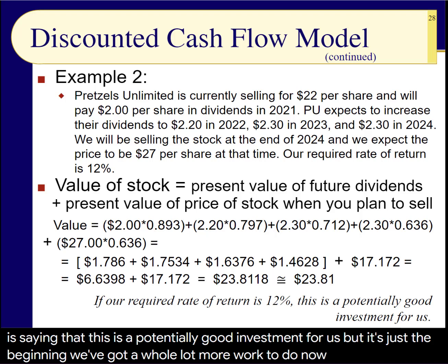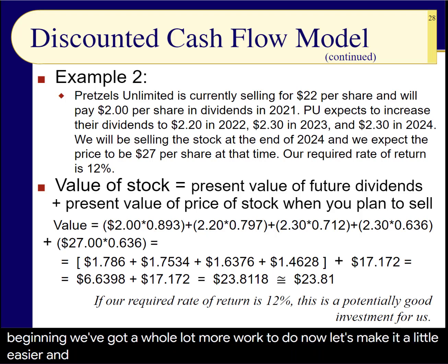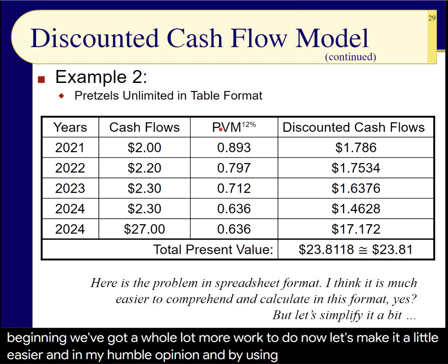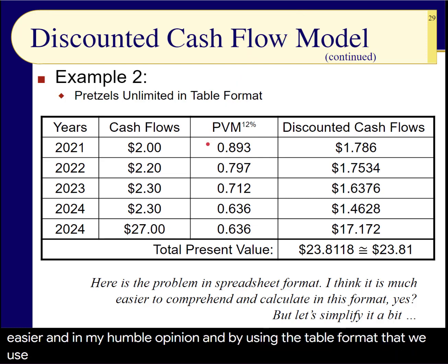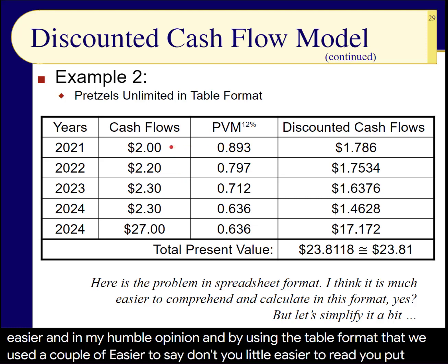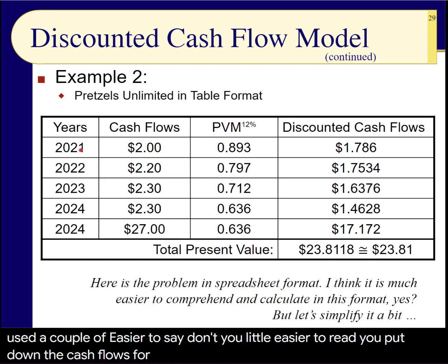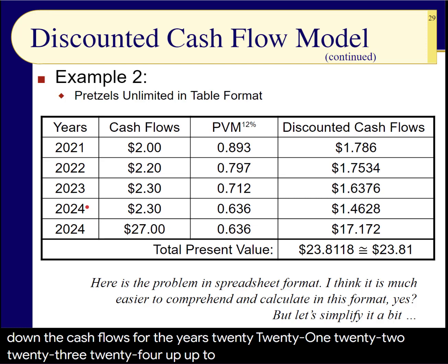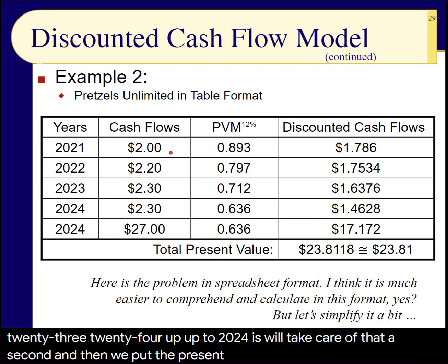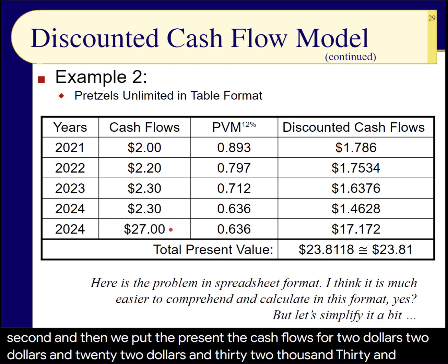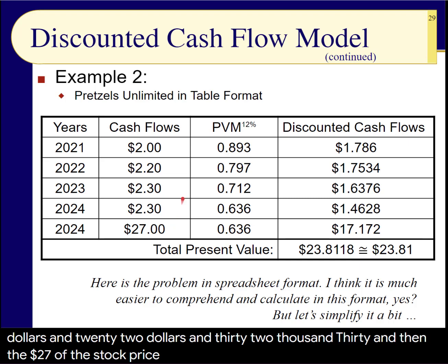Now, let's make it a little easier, in my humble opinion, by using the table format that we used a couple of slides ago. Because I just think it's a little easier to see, don't you? A little easier to read. You put down the cash flows for the years 2021, 2022, 2023, 2024. And then we put the cash flows for $2, $2.20, $2.30, $2.30, and then the $27 of the stock price in the last year.